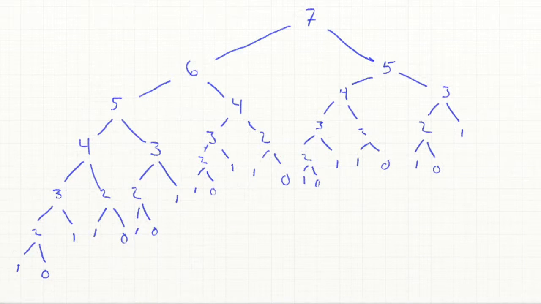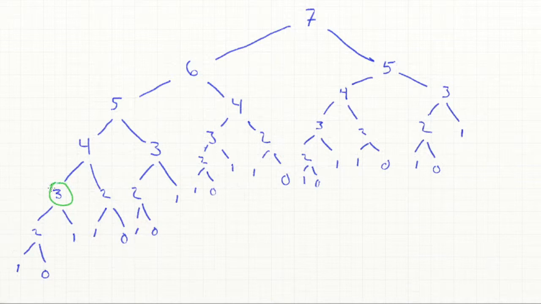Okay, so here's a Fibonacci series where I read the Fibonacci of 7 is the Fibonacci of 6 plus the Fibonacci of 5, and the Fibonacci of 6 is the Fibonacci of 5 plus the Fibonacci of 4, and so on. When we're doing this, we see that we compute things a lot.